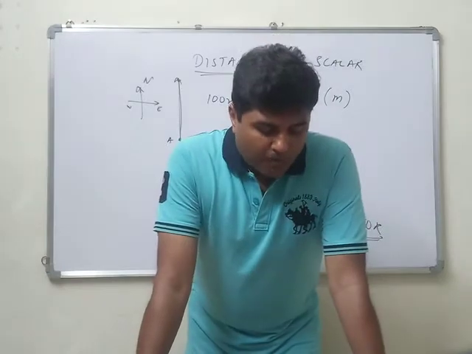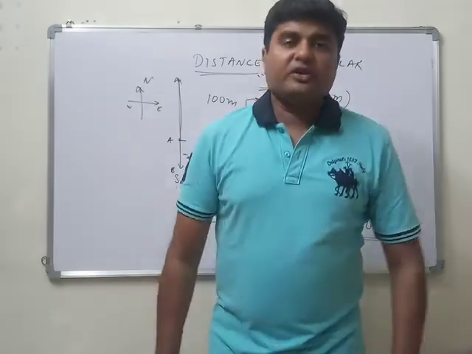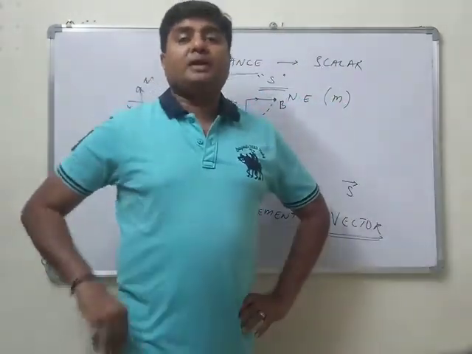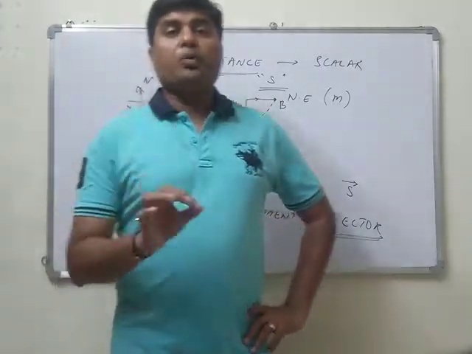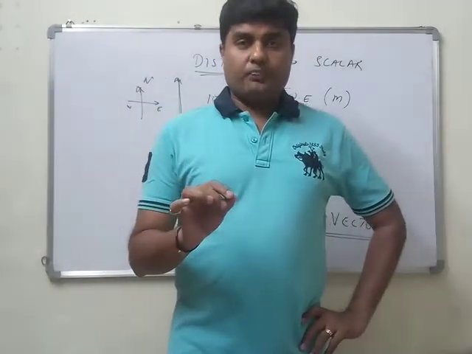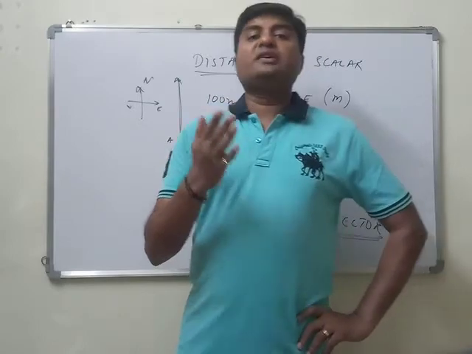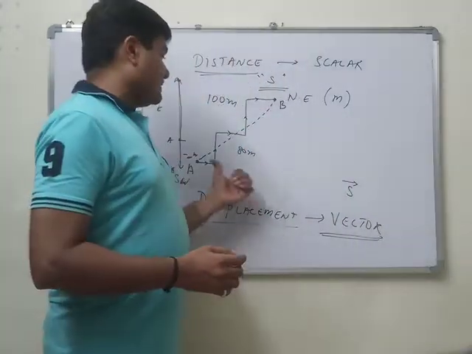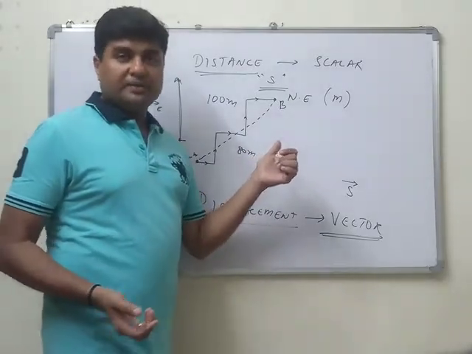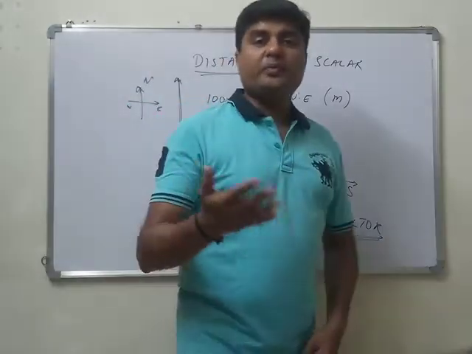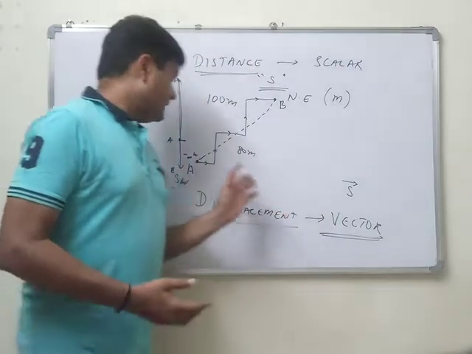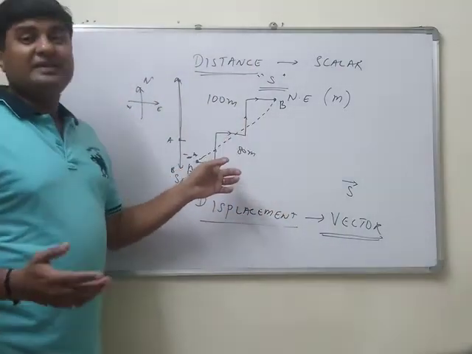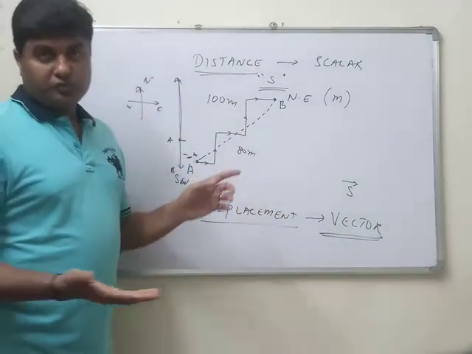The next is, it can be more than or equal to the magnitude of displacement. Now, distance can be equal to or it could be more than the magnitude of the displacement. Very simple. If the traveling path is exactly the shortest distance, then automatically the distance and displacement will be the same. Whereas in this case, if it is this way, the distance can be greater than the displacement.